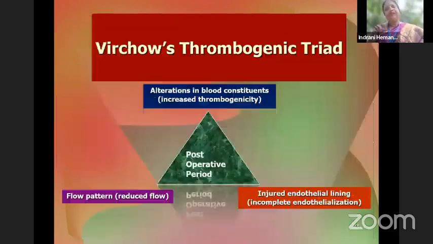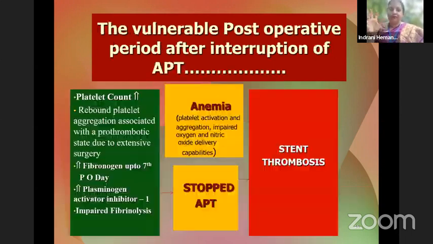We know that surgery incites an inflammatory response. So what happens in the perioperative period is there is an alteration in the blood constituents with increased thrombogenicity, reduced flow, and all this in the background of an incomplete endothelialization, you are looking at a perfect recipe for a thrombus.